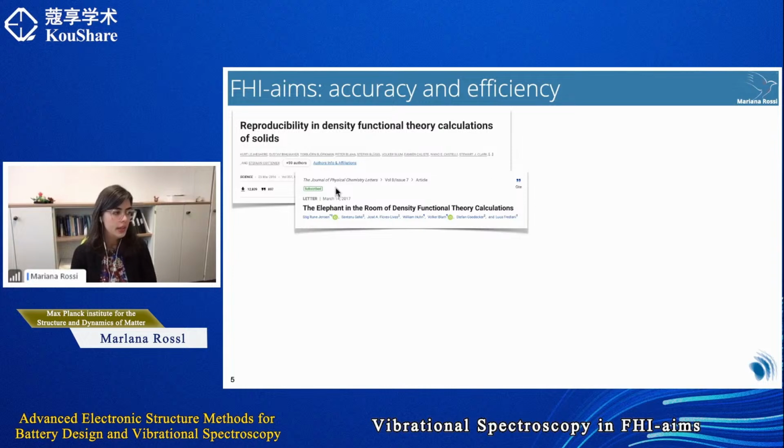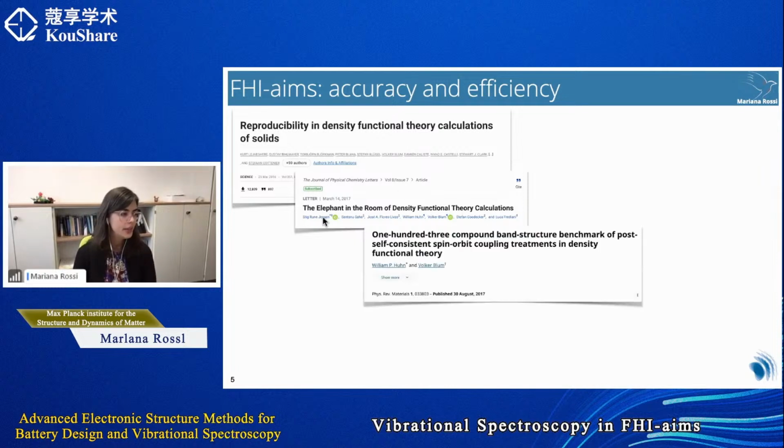Then there was this other study, which looked at total energies of molecules with several different types of basis sets, like Gaussian basis sets, STOs or numeric atom-centered orbitals, and they see that numeric atom-centered orbitals deliver better accuracy on total energies of the hundreds of molecules they looked at. This is another benchmark which looks at electronic band structure and spin-orbit coupling correction, and how precise that can be in the code.